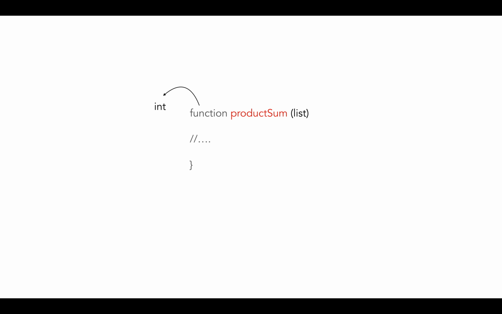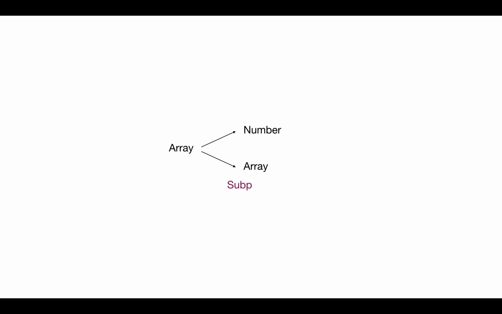Now the next step is to find a subproblem and assume that the function already works for that subproblem. So the problem is to calculate the sum of all elements present in the array. Now special arrays can further have arrays. So the subproblem is to find out the sum of all the elements present in the subarray.